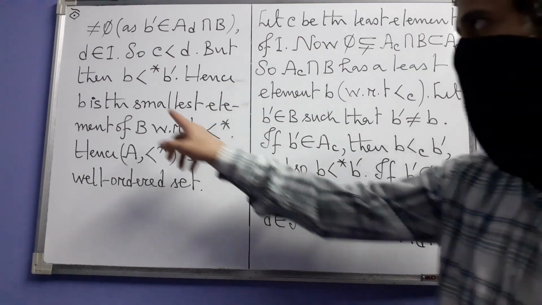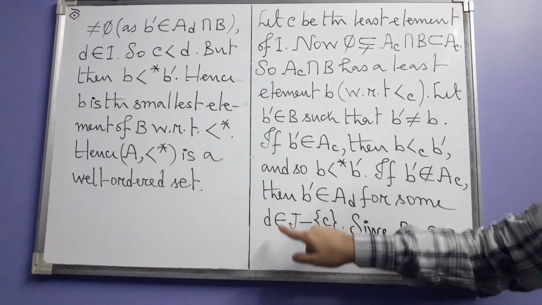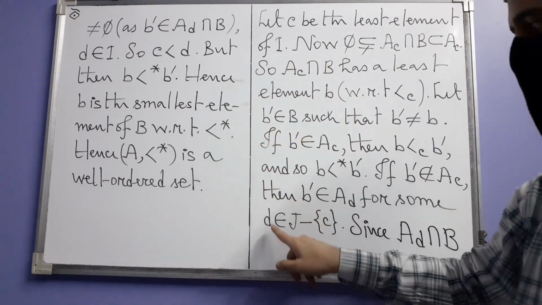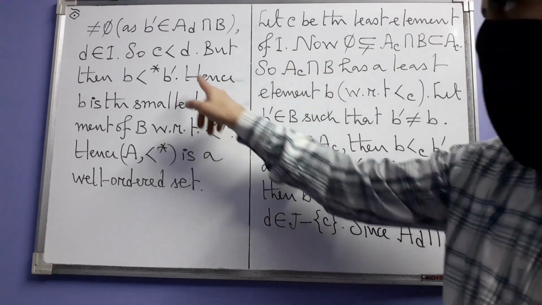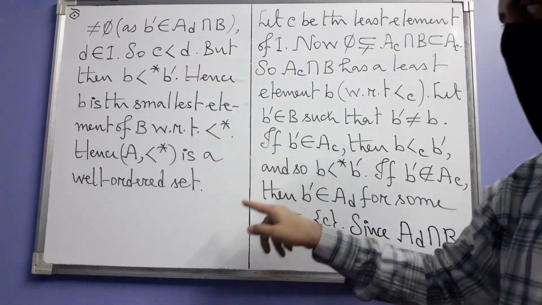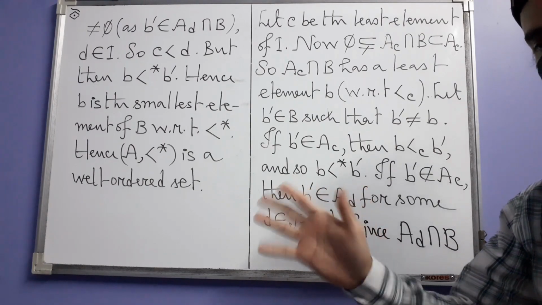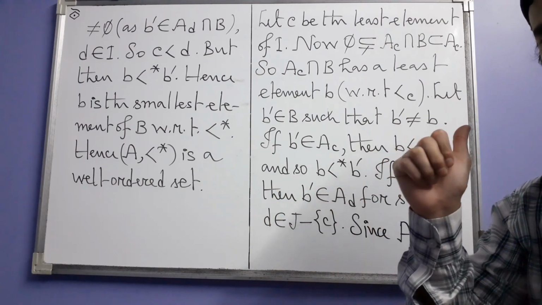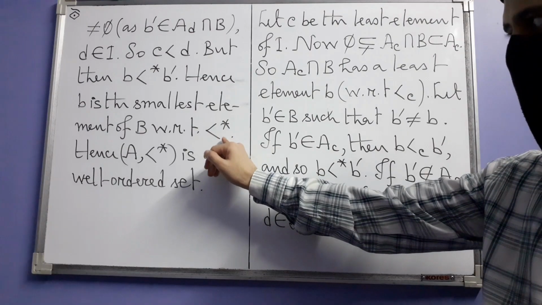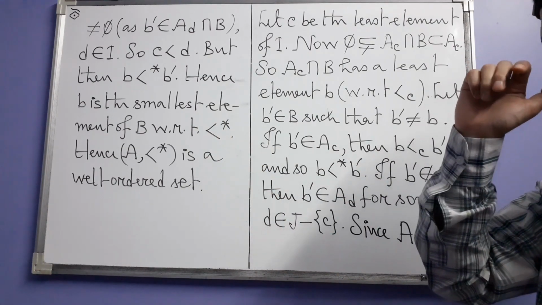Now note that C is the smallest element of I and D is also in I, but D is not equal to C. So C will be strictly less than D with respect to this relation that we have on the index set J. However, now note carefully, you go back to the definition of our new relation, the second condition of the definition.